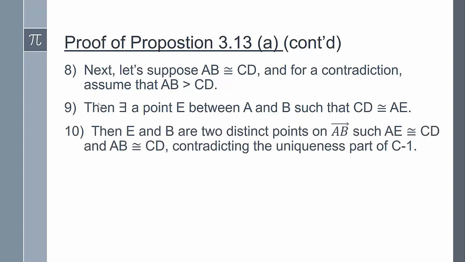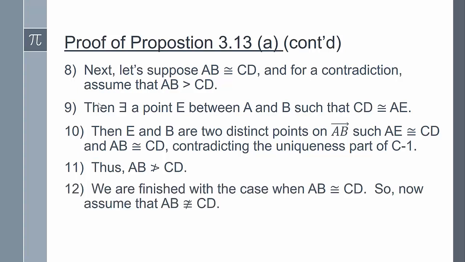Well, then E and B are two distinct points on ray AB such that AE is congruent to CD and AB is congruent to CD, again contradicting the uniqueness part of Congruence Axiom 1. So thus AB is not greater than CD. So we see that if AB is congruent to CD, then the other two statements are not true. So we're finished with the case when AB is congruent to CD.